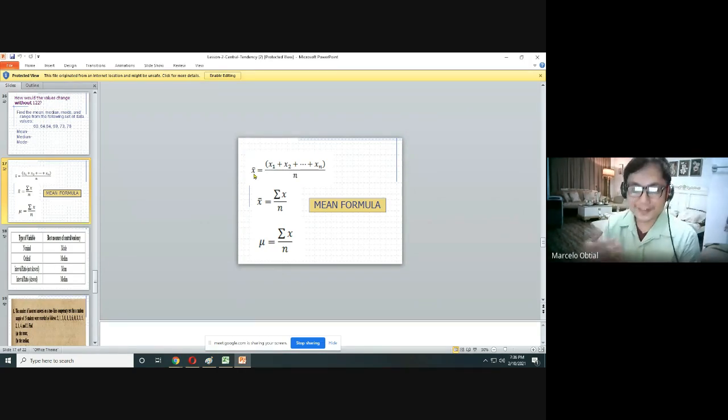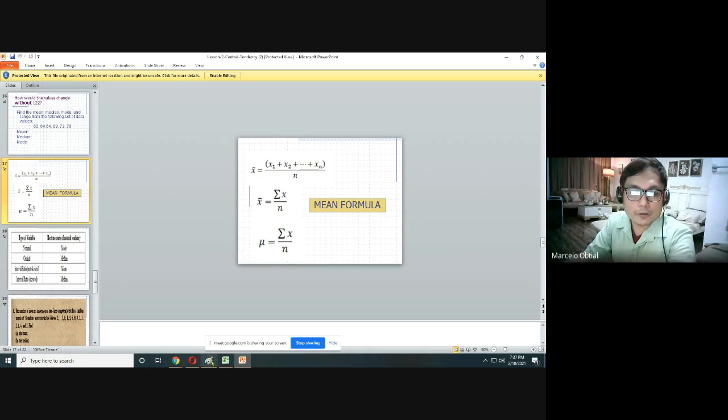Basta X bar is average, sample. If population, pareho lang siya, kaya lang kapag population average, we'll use the Greek letter mu. So, ganun lang.